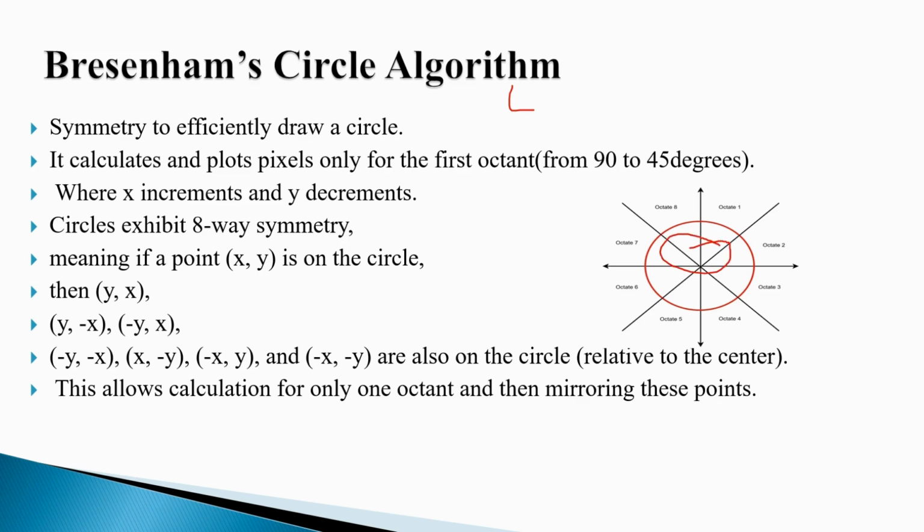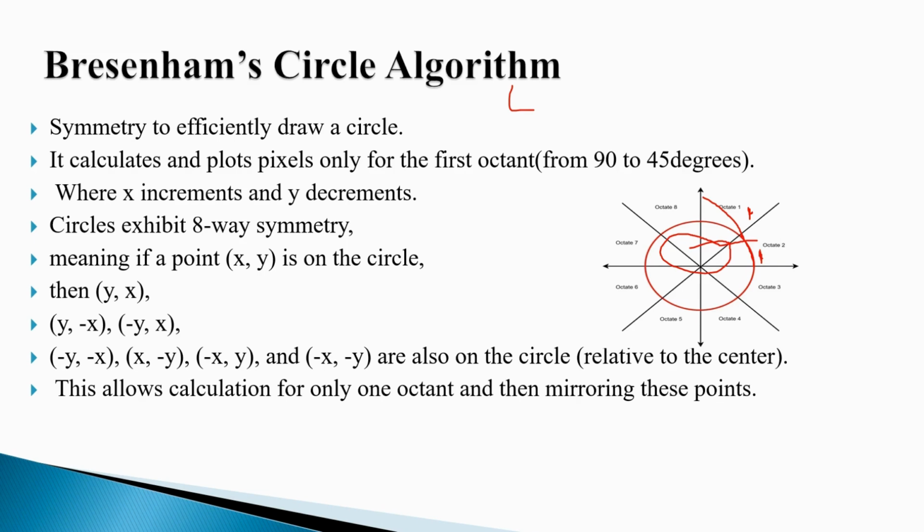Here x is plus and y is plus, so x is plus 1 and y is plus 1. Here x is positive and y is also positive, meaning this is at 90 degrees, where x will be increasing and y decreasing, right? So for that we are mentioning this one.